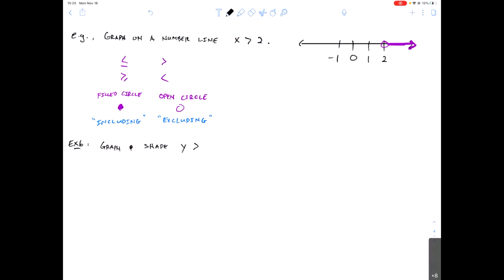Y is greater than 2x minus 1. All right. So that's our inequality now, as opposed to an equation.